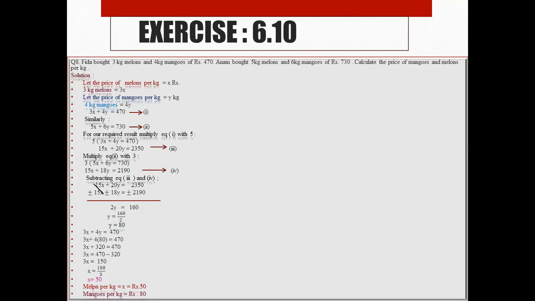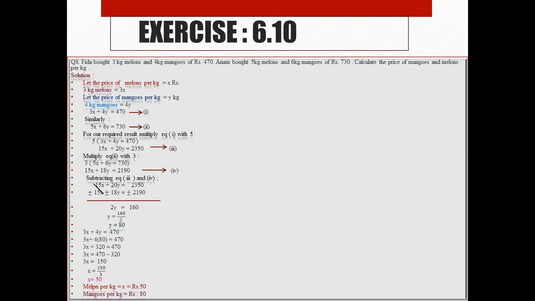So for this 3x, and in the other equation the coefficient of x is 5. So we cross multiply it. Equation 1 will be multiplied with 5 and equation 2 will be multiplied with 3, because 5 3s are 15. After multiplication, both coefficients of x will become same, and then we can cancel them easily.